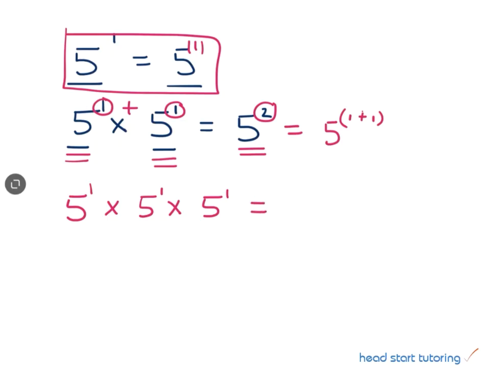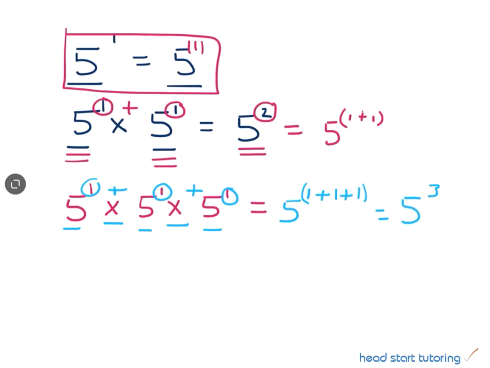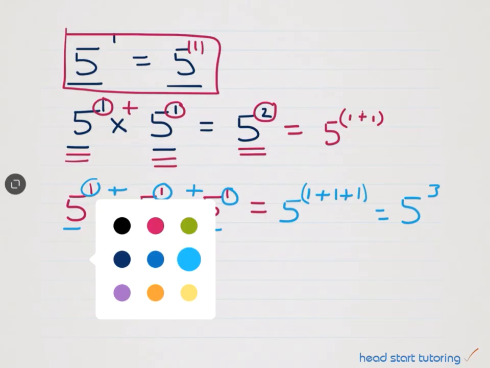So when we are now timesing and the bases are the same, we are able to add our powers. So in this example, we've got 5 to the power of 1 plus 1 plus 1. And that gives us an answer of 5 to the power of 3. And so it goes on.